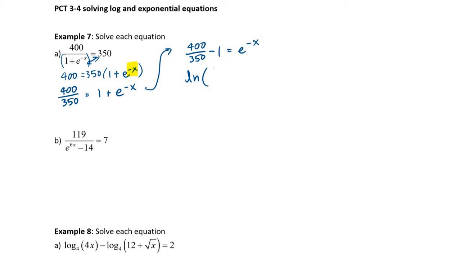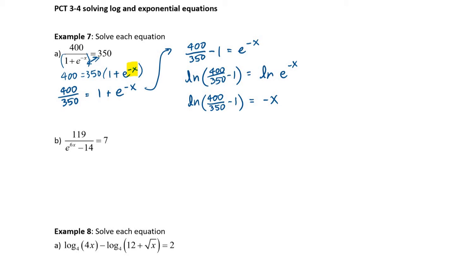So natural log of 400 over 350 minus 1 equals natural log, which is base e, of e to the negative x. Remember, I didn't have to write this step. I could have just gone to this next step, which is natural log of 400 over 350 minus 1 equals negative x.